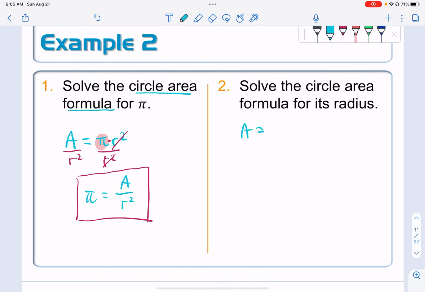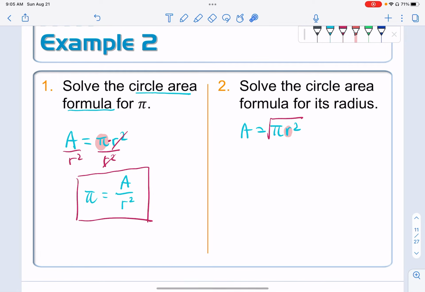Okay, on number two, exact same formula. We've got A is equal to pi r squared, but this time we're going to solve it for r. And this one is going to involve a square root. But before you take the square root, you want to isolate the r squared term first, right? As I said before, if I went ahead and took the square root right now, it traps this pi inside of a square root.